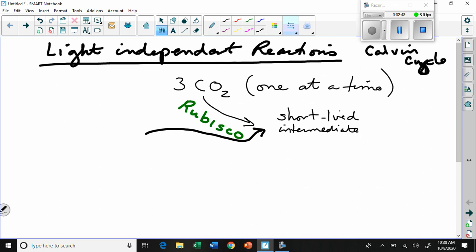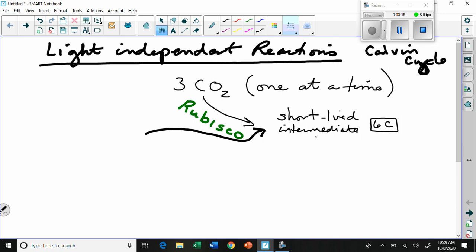It forms and then instantly breaks apart to produce a new molecule. But it does have 6 carbons in it. So what we're going to be doing is tracking the number of carbons, right? It's a 6 carbon. So 3 of those carbons came from carbon dioxide. Or actually, 1 of the carbons came from carbon dioxide because it's happening 1 at a time. And the other 5 came from the molecule on this side, which will be the end of the cycle. So we'll talk about that in a minute.